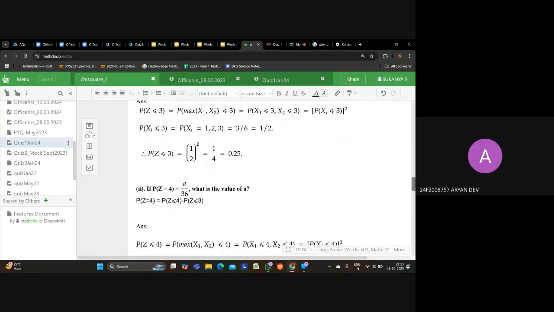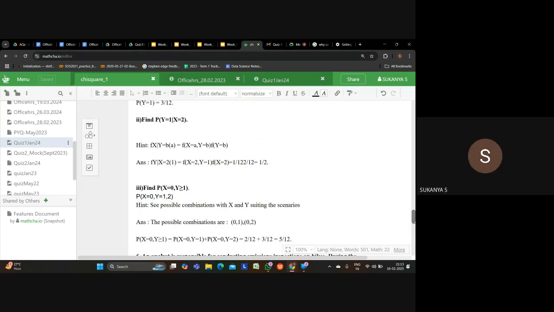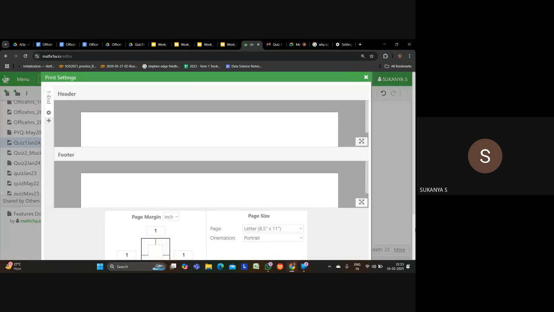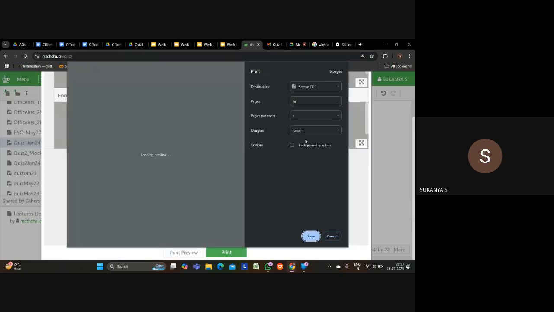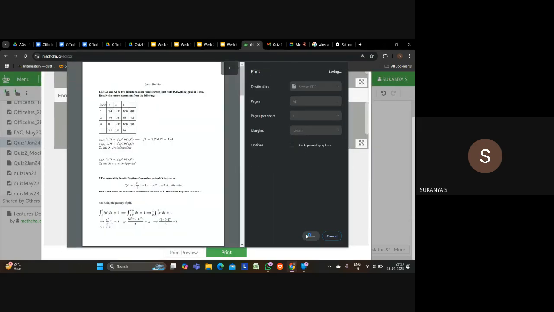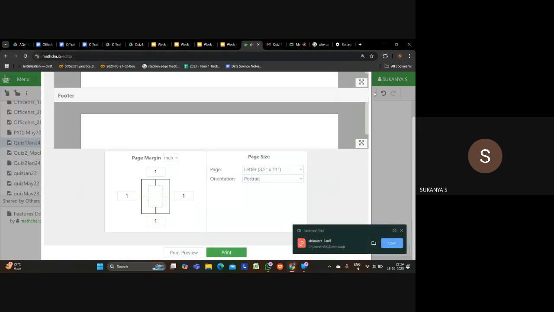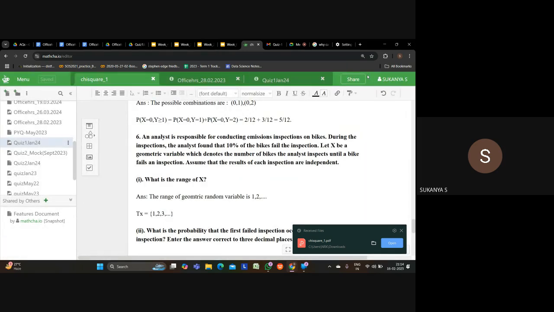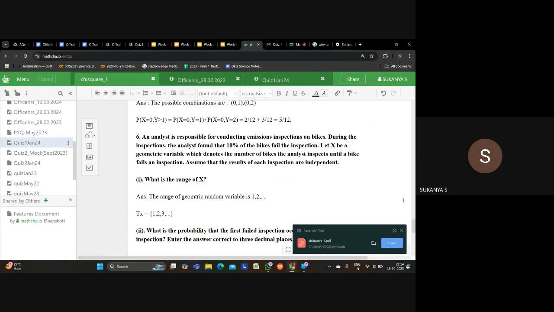Is the answer 0.05? Did everyone get 0.05? Has anyone else gotten something different?